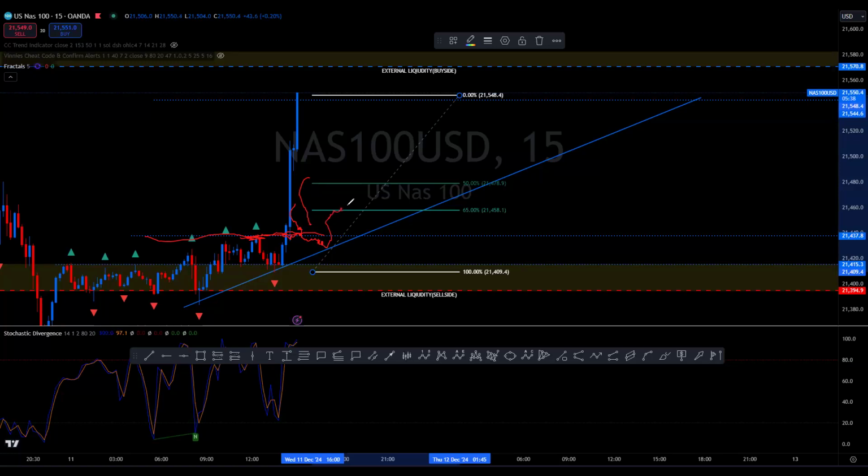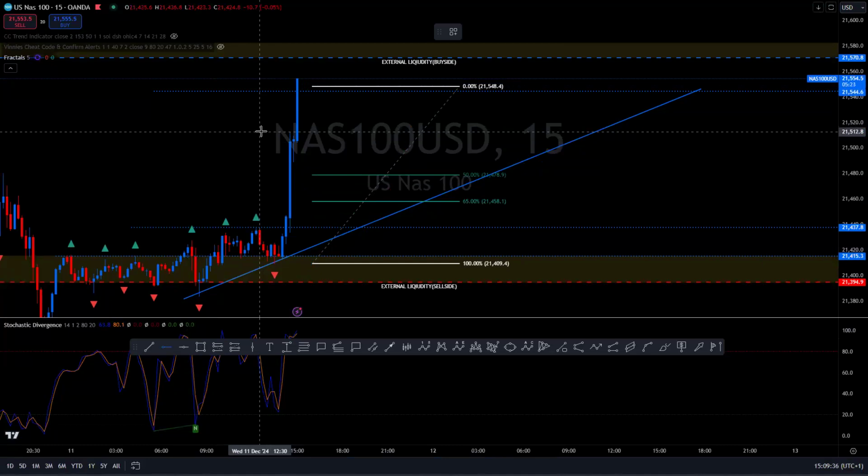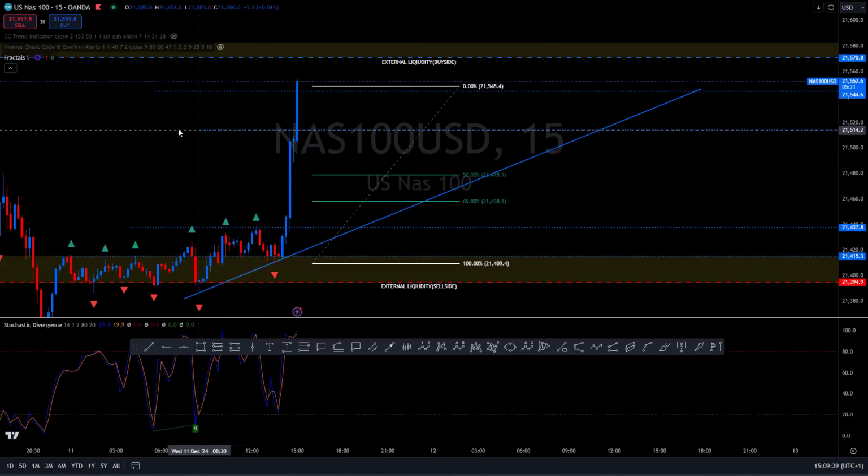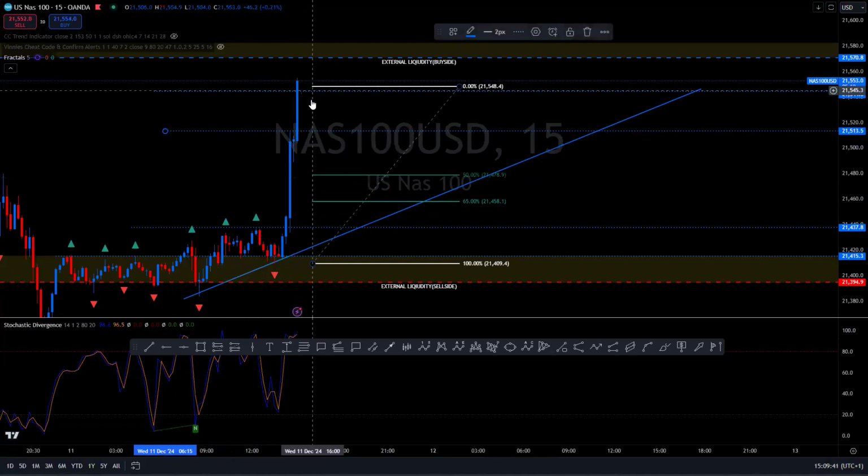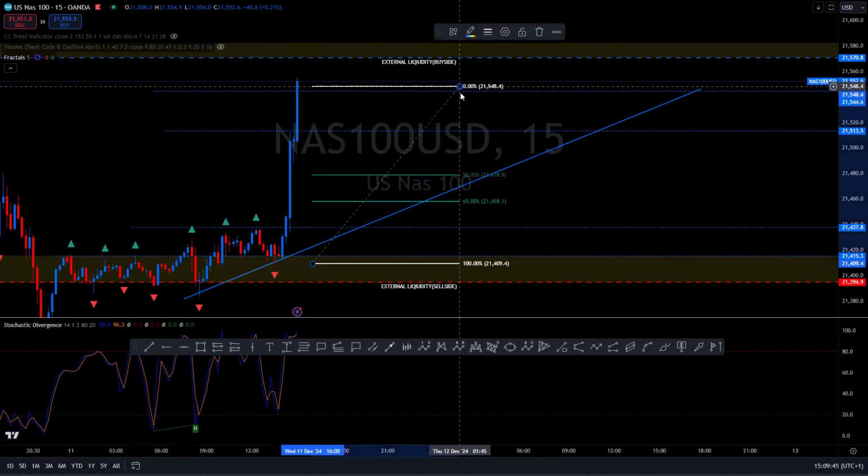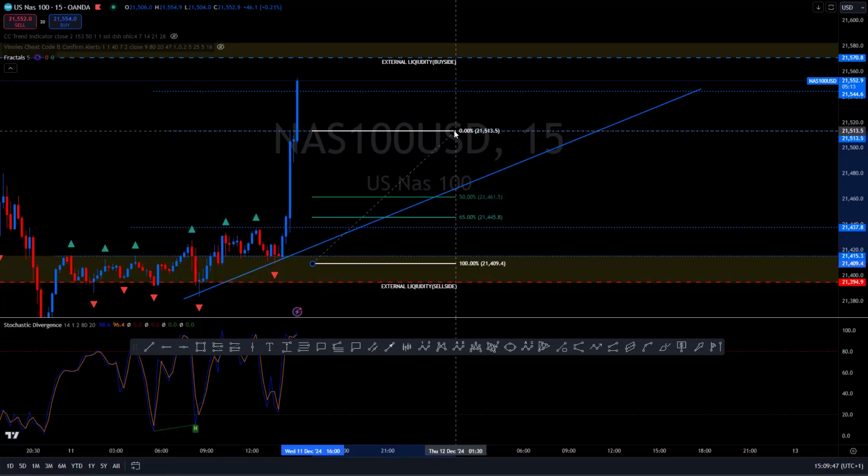Once it's done with this liquidity sweep, we're looking for a retest of this area even further than the low, and then to enter. Let's mark this area. I'm probably going to say this is the last swing high here, but then price retested, went up and broke it again, and then found support here.